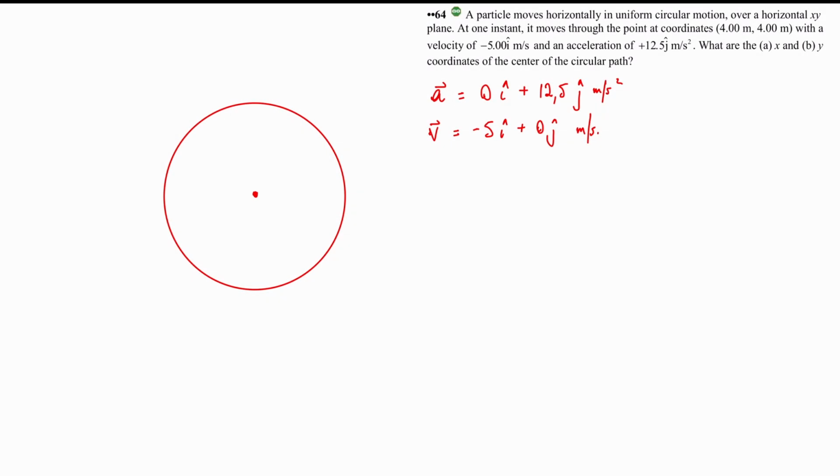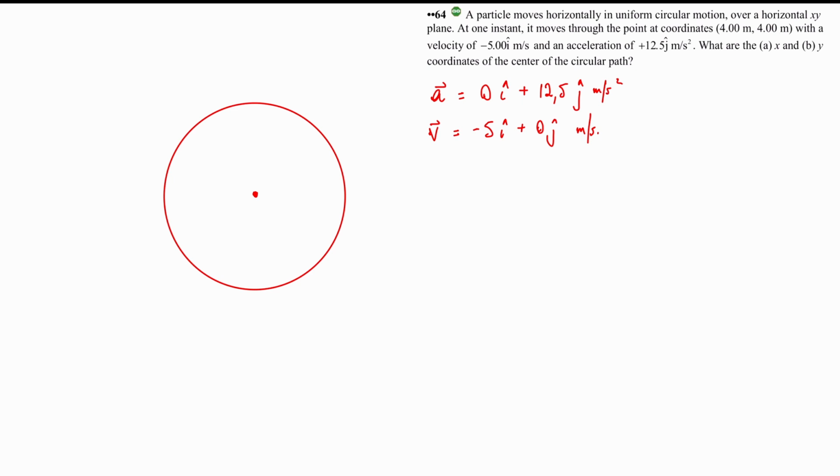Welcome. In this video, we're going to talk about the ideas of how to approach problem 64. In this case, we're given a particle which moves horizontally in a uniform circular motion over a horizontal xy plane. At one instant, this particle moves through a point at coordinates 4 meters along the x and 4 meters along the y.